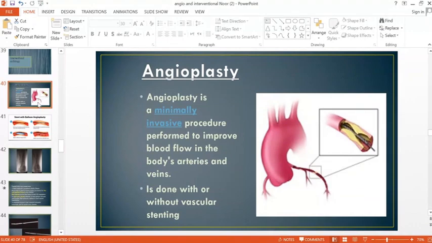We'll start by angioplasty. Angioplasty is a minimally invasive procedure. So it is invasive but minimally invasive procedure performed to improve blood flow in the body's arteries and veins, done with or without vascular stenting.